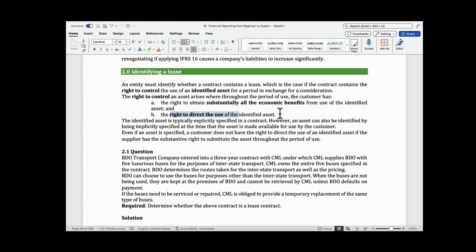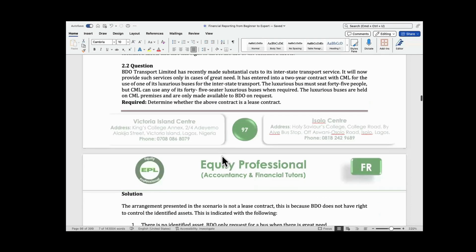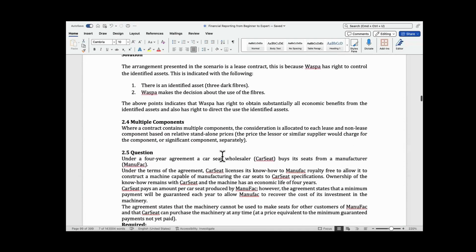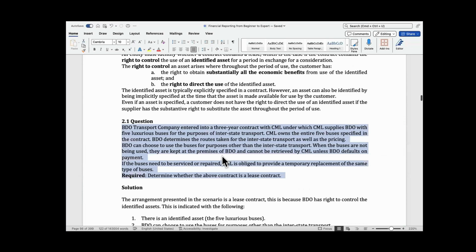They are restricted. And that is how you identify a lease in a contract. All these examples are similar to the scenario I've given you. I'll just look at one simple one and one complex one, then I'll leave you the others to practice.